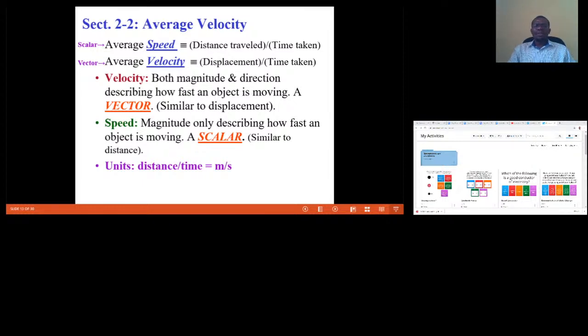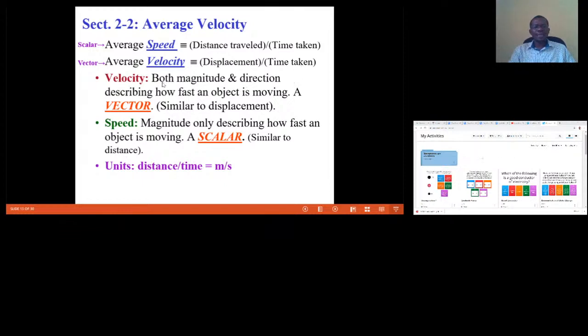When calculating the displacement, as we had already seen in the previous slides, you only consider the initial position and the final position. So you subtract final minus initial. If you do that, then you get the displacement that has been made, and then the total time that has been taken.